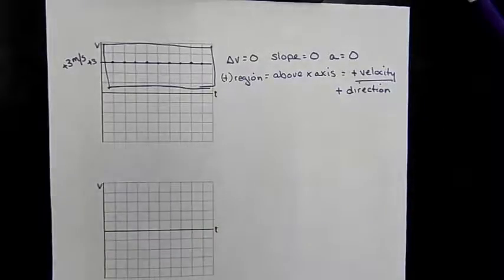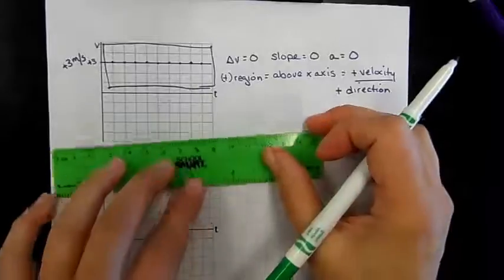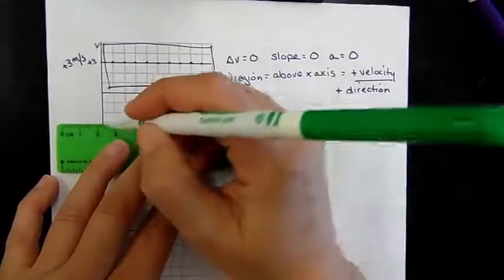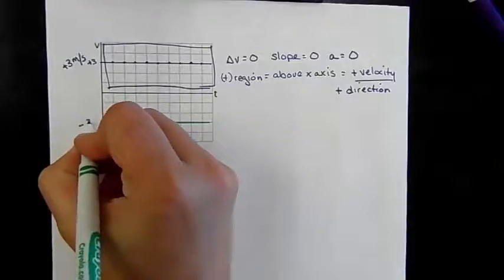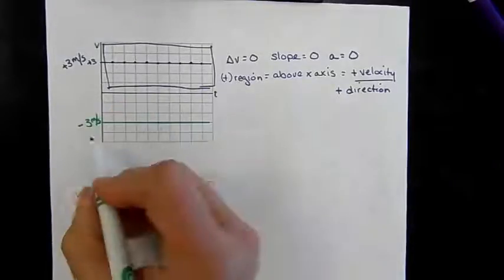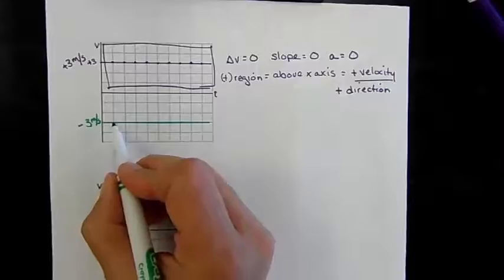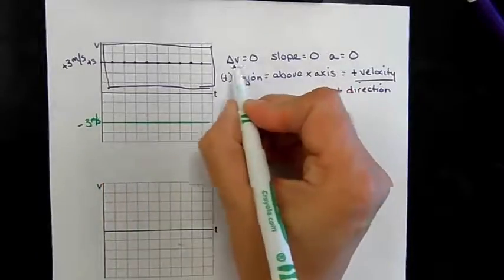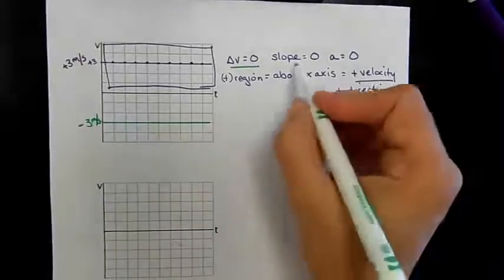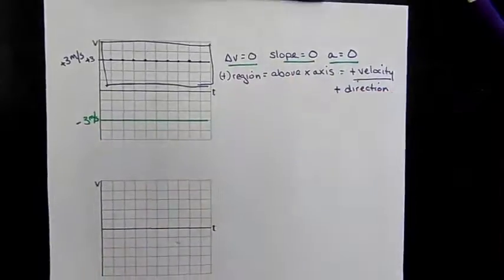We can look at that in our negative direction as well. Let's go down here to negative 3. If we draw a line just like this, at negative 3 meters per second, the same thing. What we have is negative 3 meters per second along this whole line. Our velocity doesn't change. Our slope is 0. Our acceleration is 0.